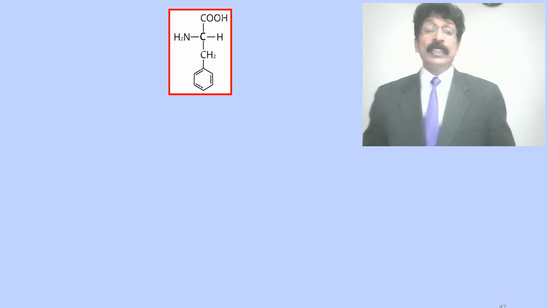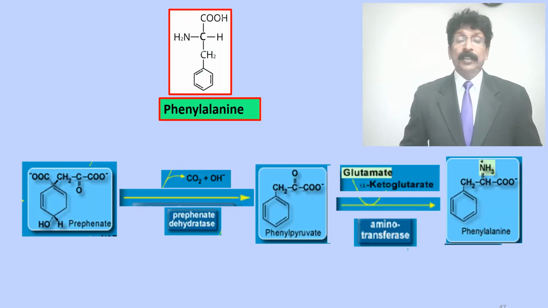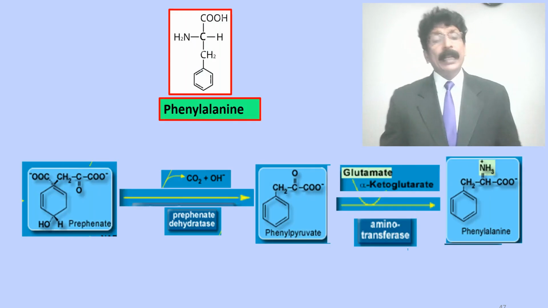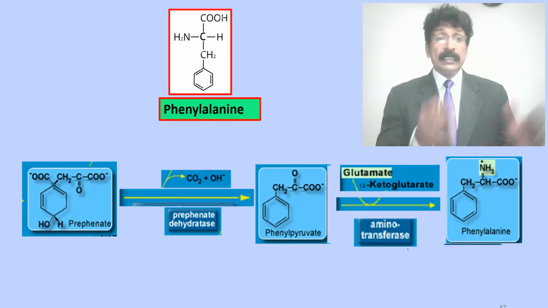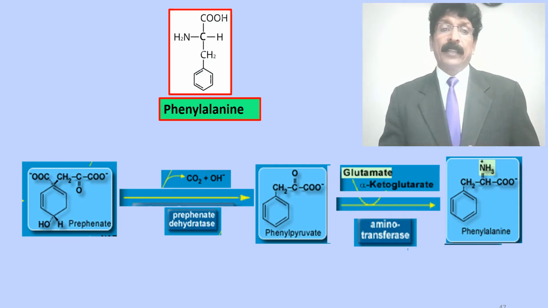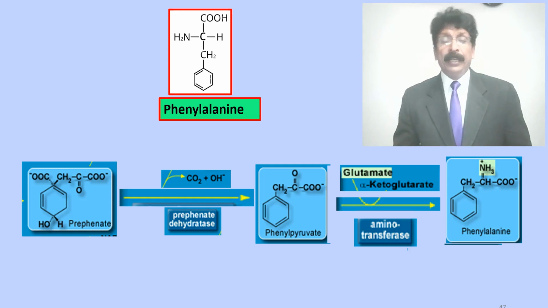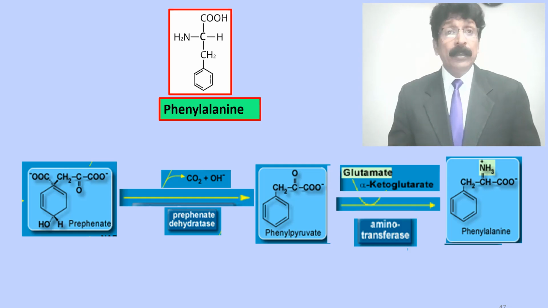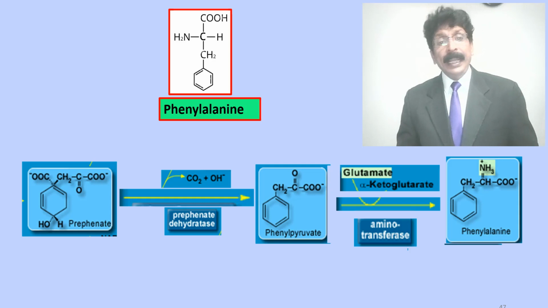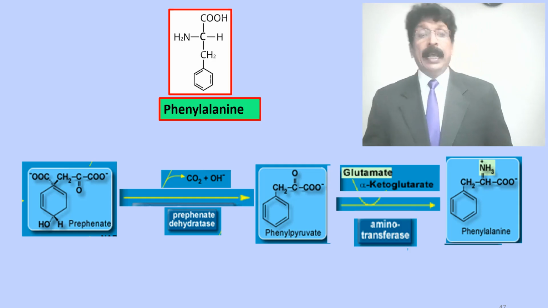So this is the phenylalanine structure. You see the complete reaction. First, prephenate is formed from chorismic acid, and it is converted into phenyl pyruvate by the enzyme prephenate dehydratase, by removing carbon dioxide and water.